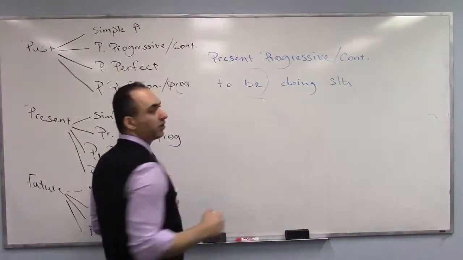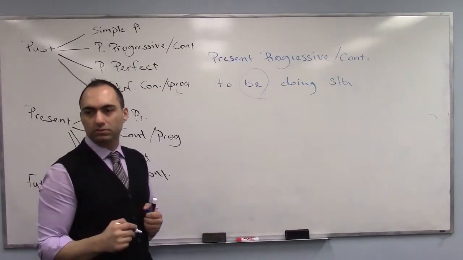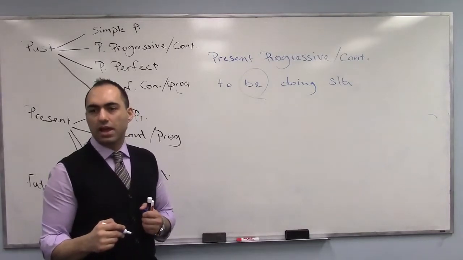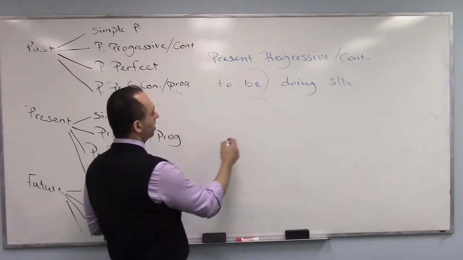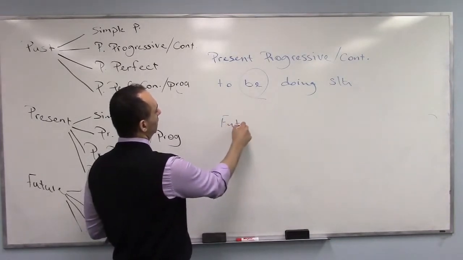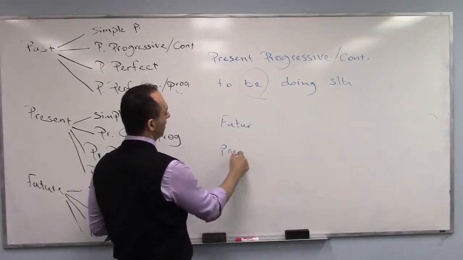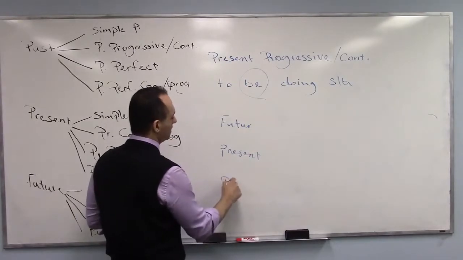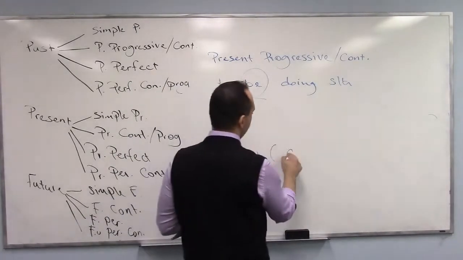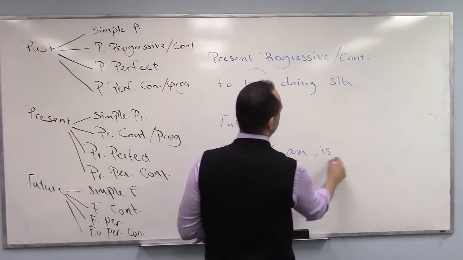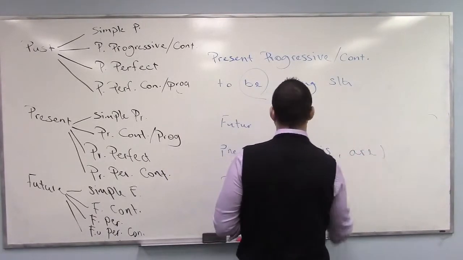Now, when we talk about the verb to be, the verb be has both future, present, and past, right? Now, be, present is am, is, are.